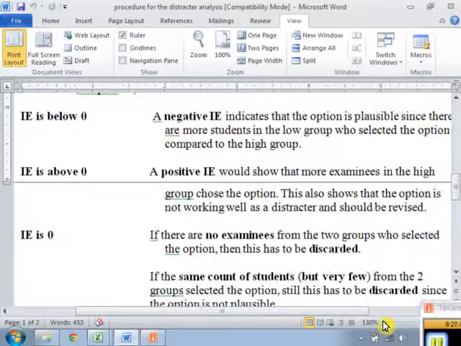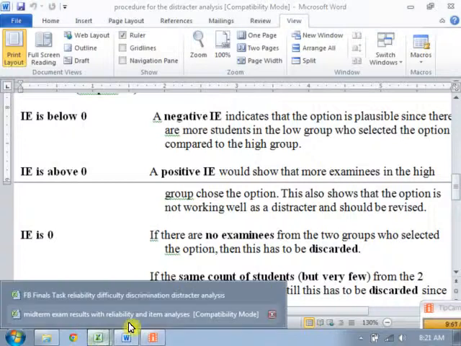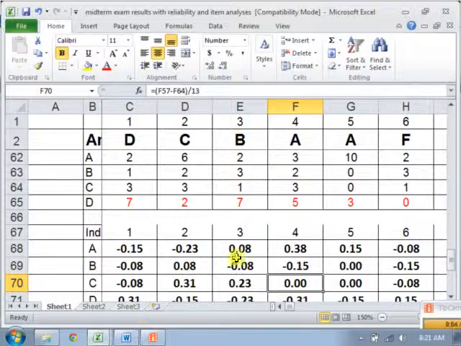A negative IE indicates that the option is plausible since there are more students in the low group who select the option compared to the high group. So if it's a negative IE, automatically it's plausible. How about if the IE is above 0? A positive IE will show that the high group chooses the option. It also shows that the options are not working as intended and should be revised.